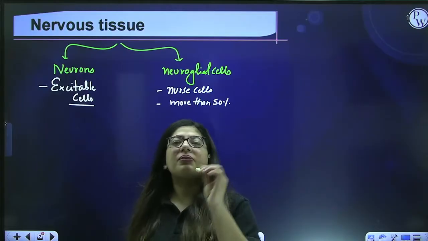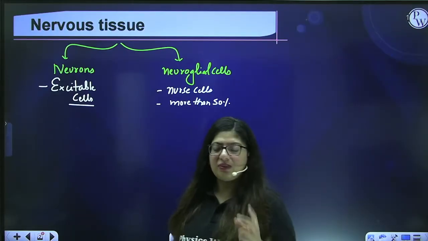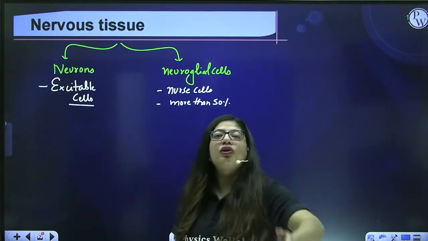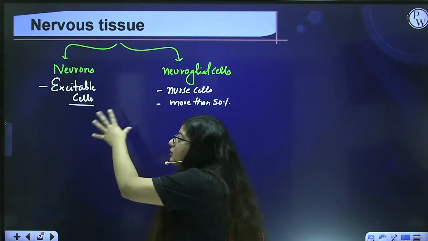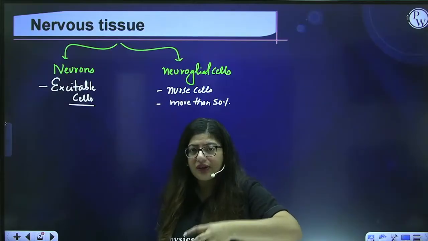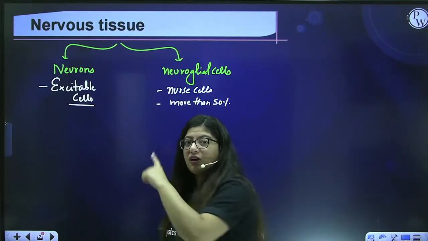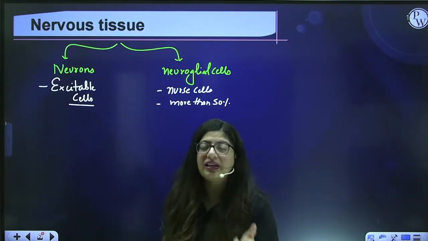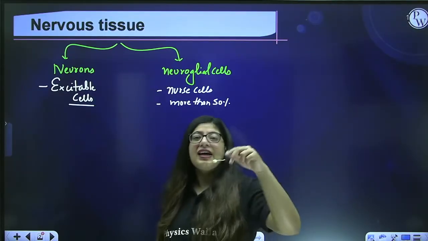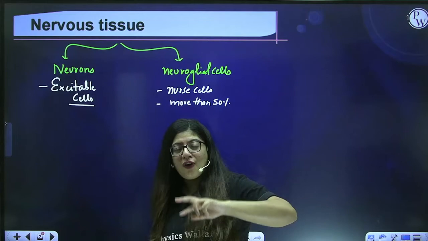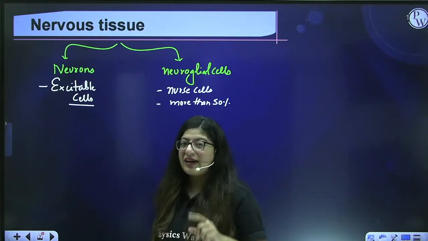So the muscles are also excitable cells because they can respond to that electrical impulse. This is one property of neurons and muscle, that is, for both. The neurons and muscle both are excitable cells.